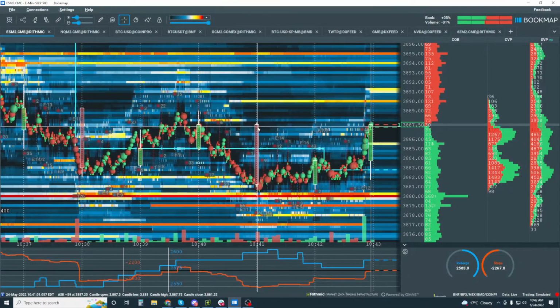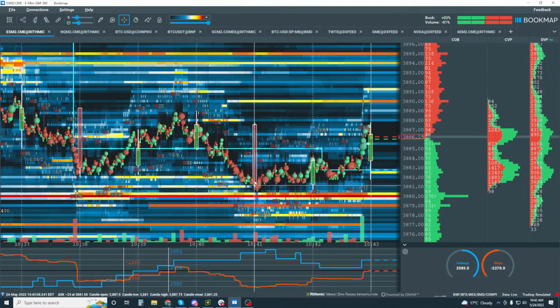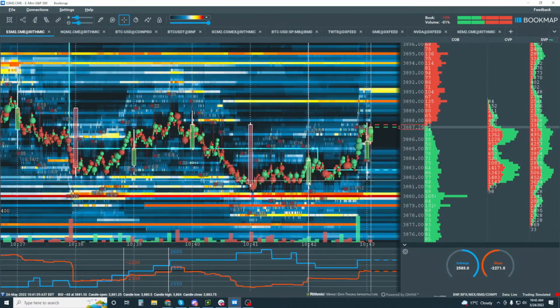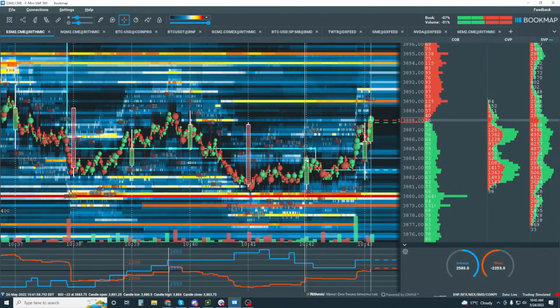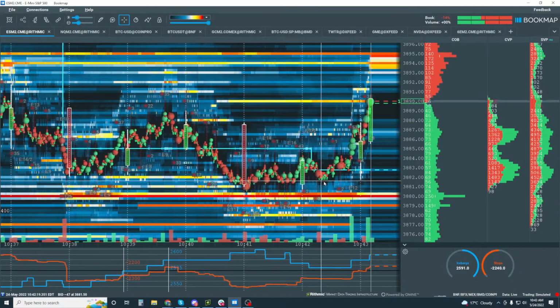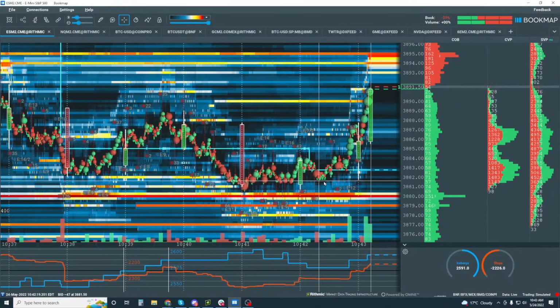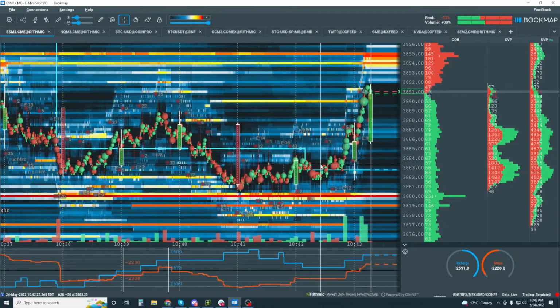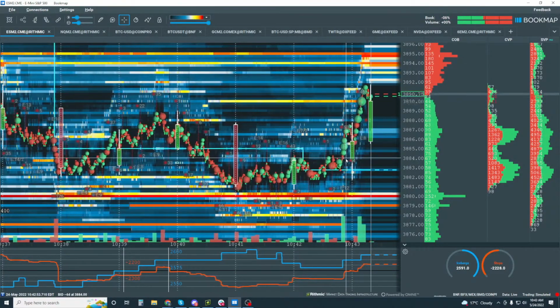Okay, and that would be based off of this big red candle here, and they're selling. And then this is the retest here. I'm looking for the retest back here, and I'm looking for sellers. That scenario didn't unfold. So we can see what happened.